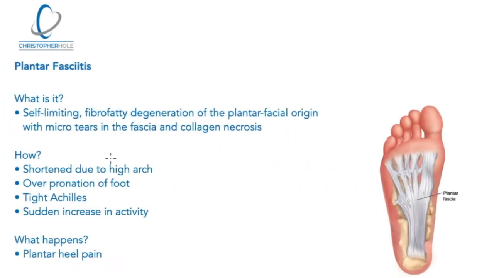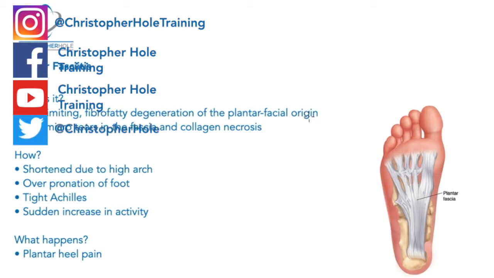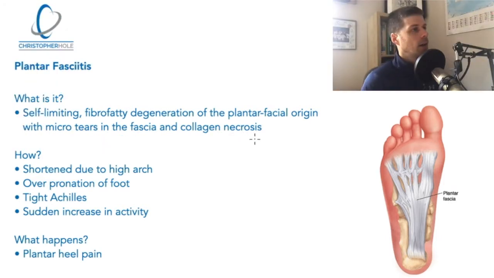First of all, what is it? As you can see up here, self-limiting fibrofatty degeneration of the plantar fascia origin. That's an important part of what we're going to talk about. And then with micro tears in the fascia and collagen necrosis, which is essentially the degeneration and death of certain cells.